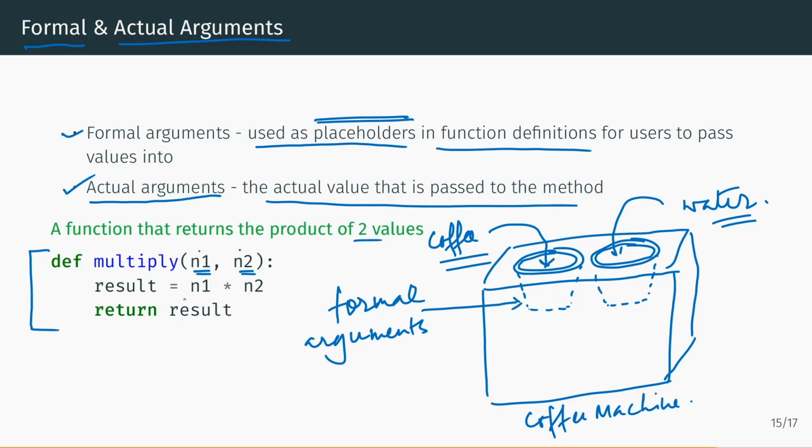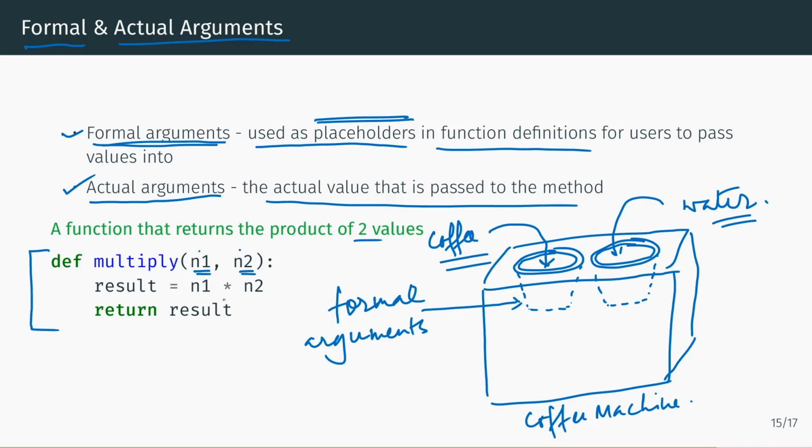If this multiply were your coffee machine, n1 and n2 are nothing but placeholders. When you actually call multiply, you replace the values of n1 and n2 with whatever values you want to multiply. So essentially, n1 and n2 are formal arguments.